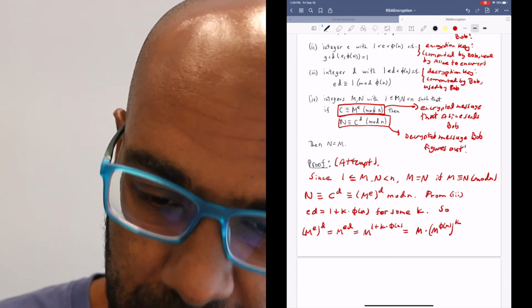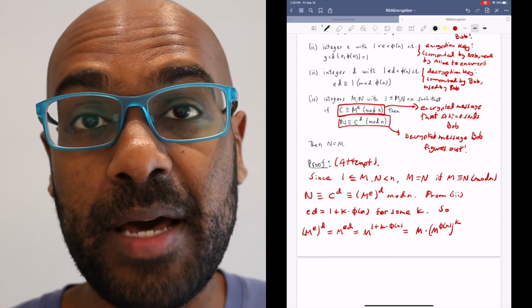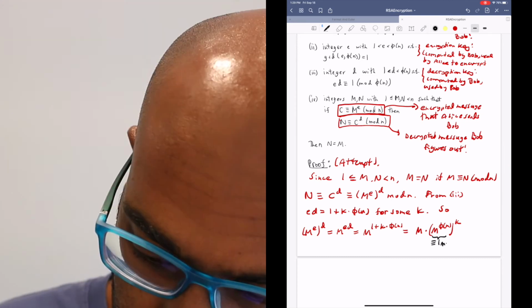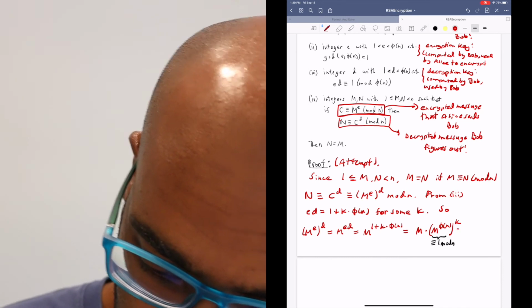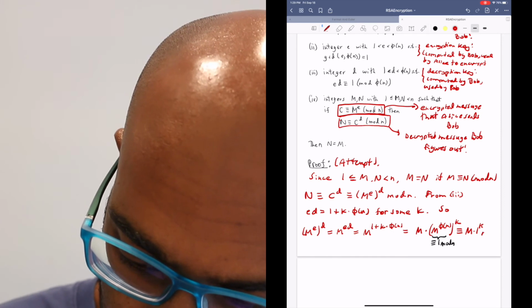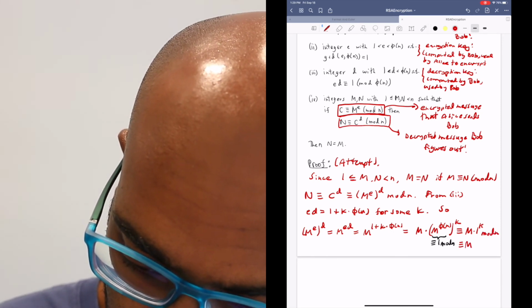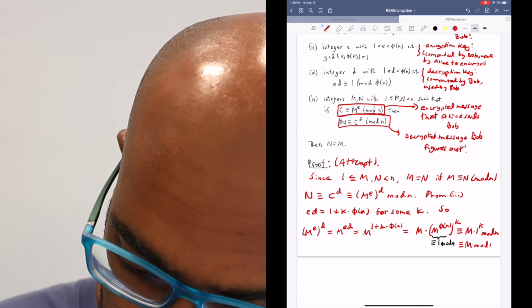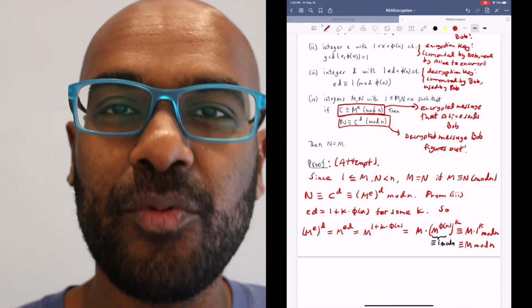And now we might conclude by Euler's theorem, which we talked about in the video right over here, that this thing here is congruent to 1 mod N. And so the expression we have here is congruent to 1 times M times 1 to the k mod N, which is congruent to M mod N, and we're happy.